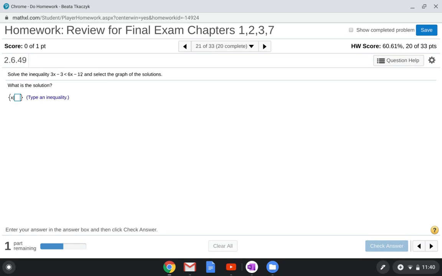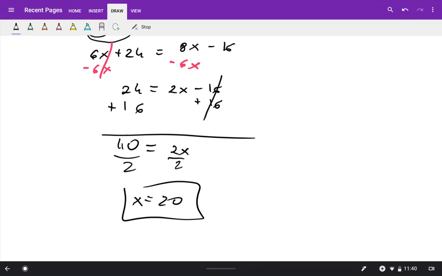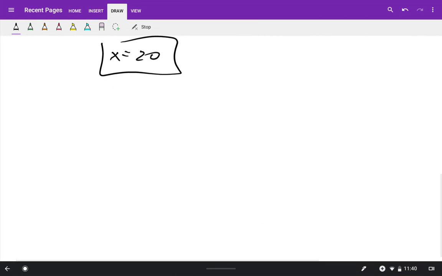Okay, here you need to solve the inequality. 3x minus 3 less than 6x minus 12. So next one, solve inequality.